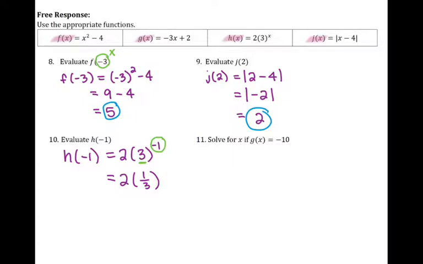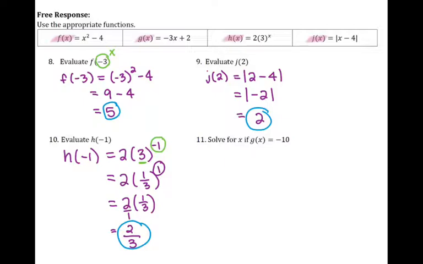And when I do make that flip, my exponent now becomes positive. From here, 1/3 to the first power is 1/3. Order of operations tells me I need to do this exponent first before I can multiply by 2. And 2 is the same thing as 2 over 1. I can multiply straight across. 2 times 1 is 2. 1 times 3 is 3. So my final answer is 2/3.